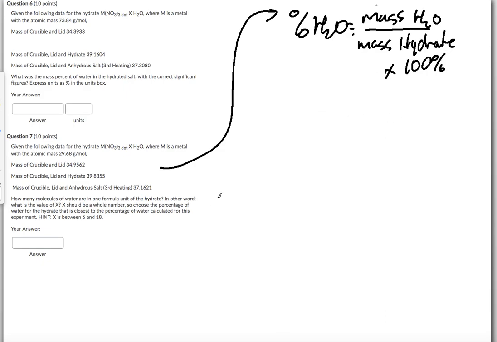We also want to be able to find the percentage of water in this whole molecular formula. So the percentage of water in this molecular formula will be found as follows.